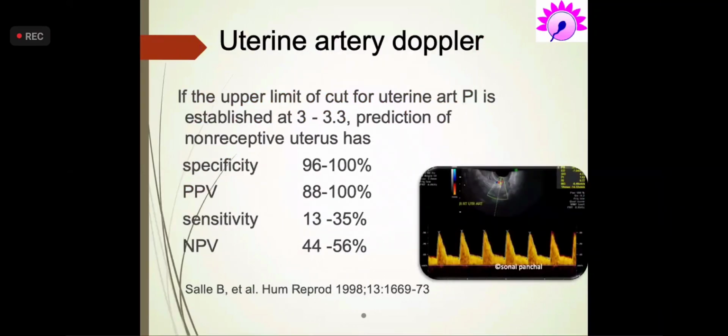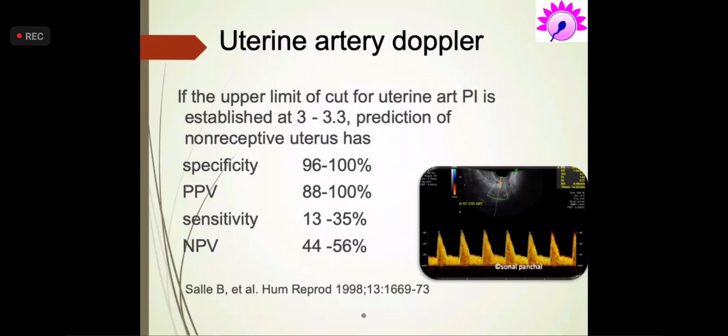Therefore, it is proved that better endometrial vascularity, which represents better development of estrogen receptors, indicates better receptivity. So better vascularity means better estrogen receptor development, means better receptivity to the embryo.